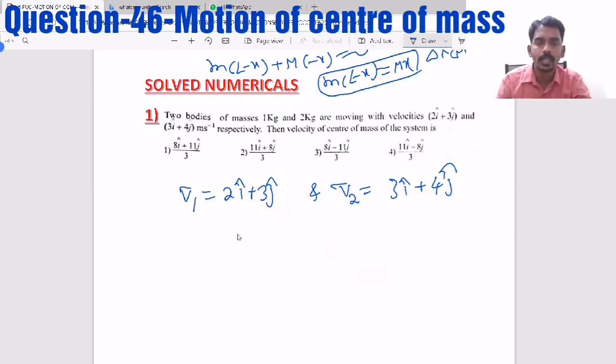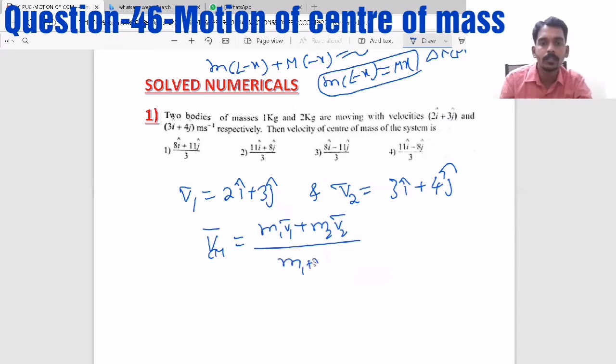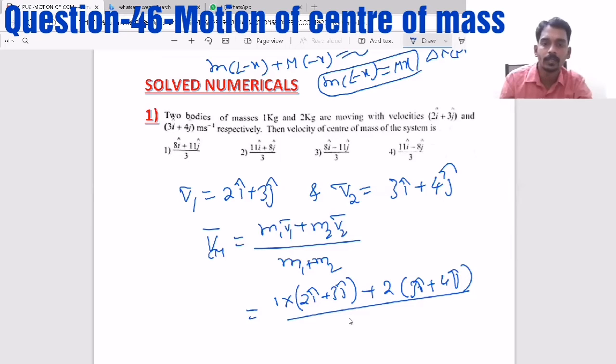Then the velocity of center of mass of the system is (m1 v1 bar plus m2 v2 bar) by (m1 plus m2). Now m1 is 1 kg, v1 is 2i plus 3j. Directly they have given it in vector form, so the question became easy. Plus 2 times (3i plus 4j), whole divided by 1 plus 2.